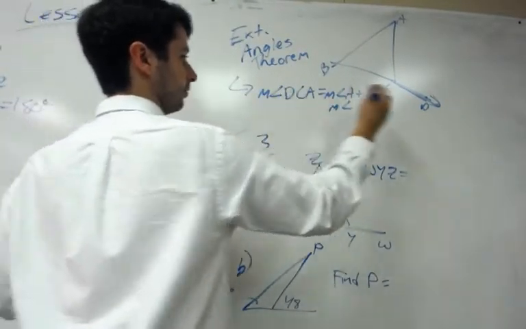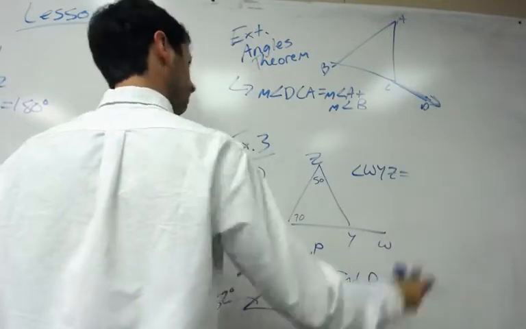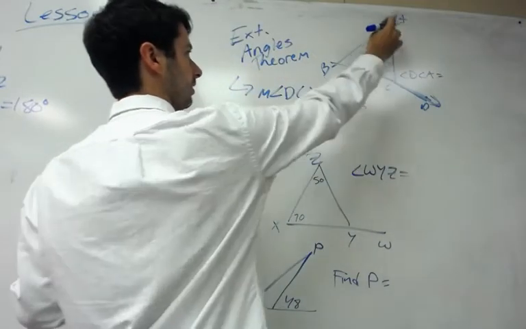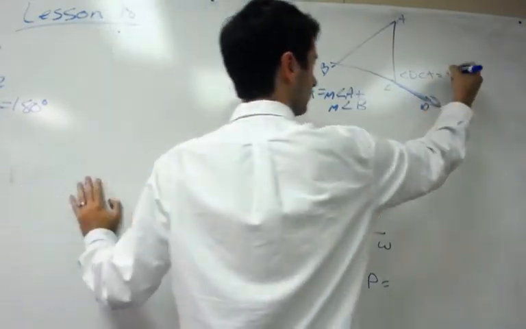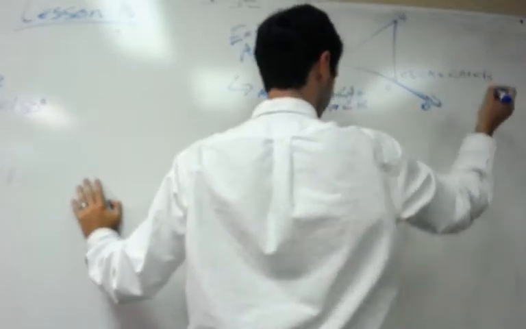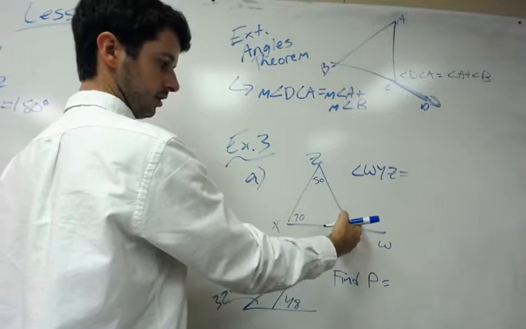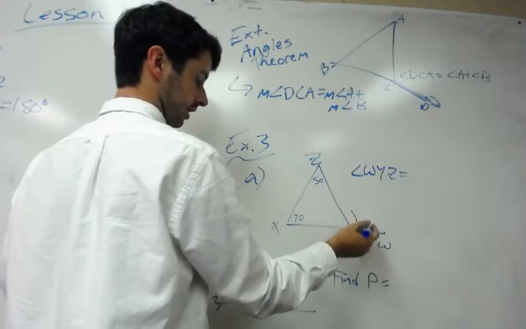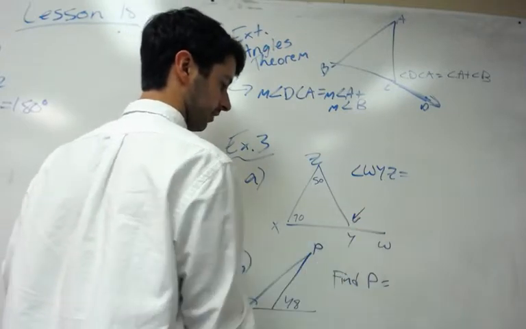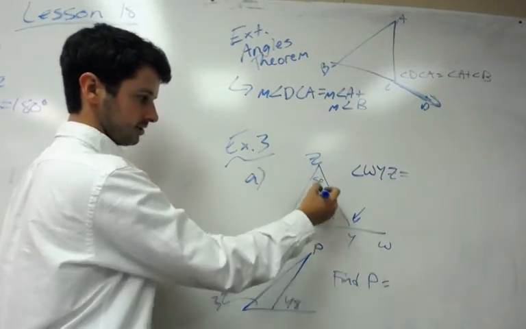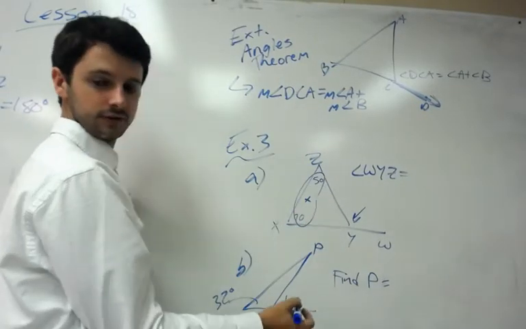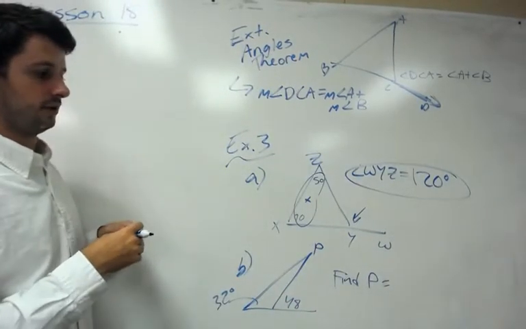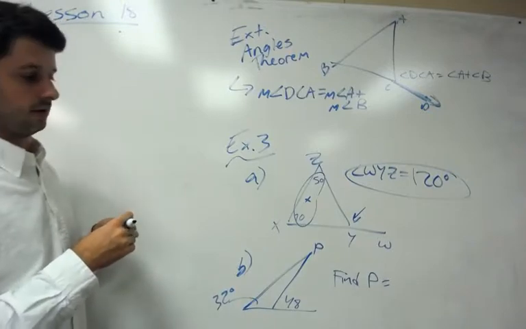All we are saying is angle DCA equals the sum of angle A plus angle B. So to look at that here, say we're looking for angle WYZ. I'll put an arrow, we're looking for that angle. All we have to do is add these two together, 70 plus 50, get 120, and that would be the measurement of angle WYZ. So that's all the exterior angles theorem is.